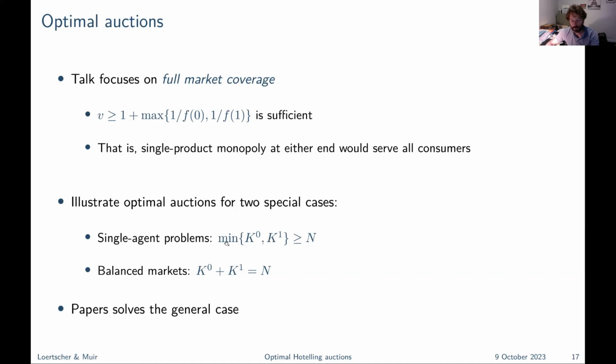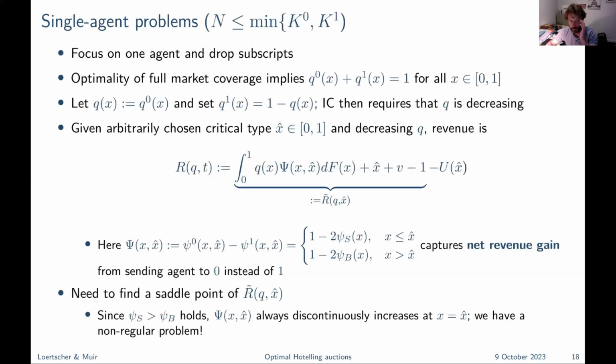In the single agent problem, you have an extreme abundance of degrees of freedom as a designer. And in the balanced market problem, you're going to have zero degrees of freedom, and that's going to affect the optimal selling mechanisms. Okay, so let's first look at the single agent problems. We can drop a subscript because we just look at one agent.